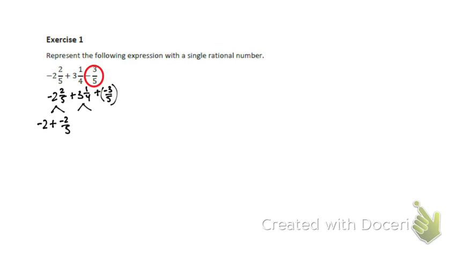Negative 2/5, right? Not 2/5, but negative 2/5. And let me write this a little bit bigger. And then 3 1/4 becomes 3 plus 1/4. You'll see why I did that in a second.